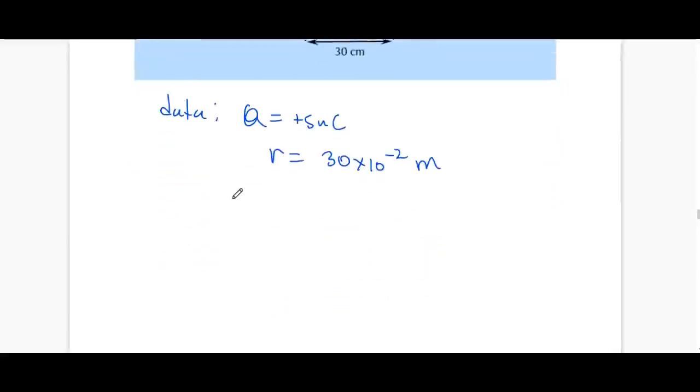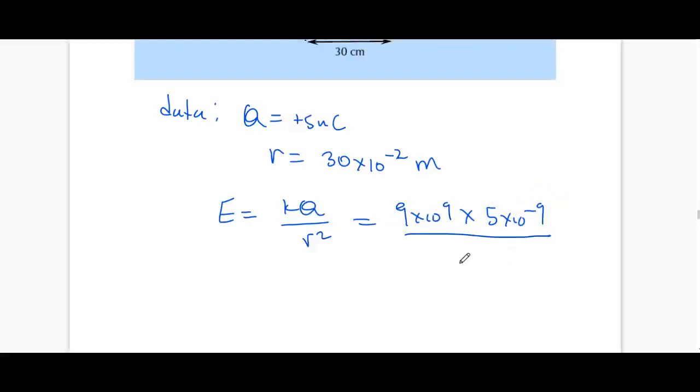Okay, so we are going to use E equals KQ divided by R squared. K is 9 times 10 to the power 9, multiplied by 5 nanocoulombs, divided by 30 times 10 to the power minus 2, all squared.